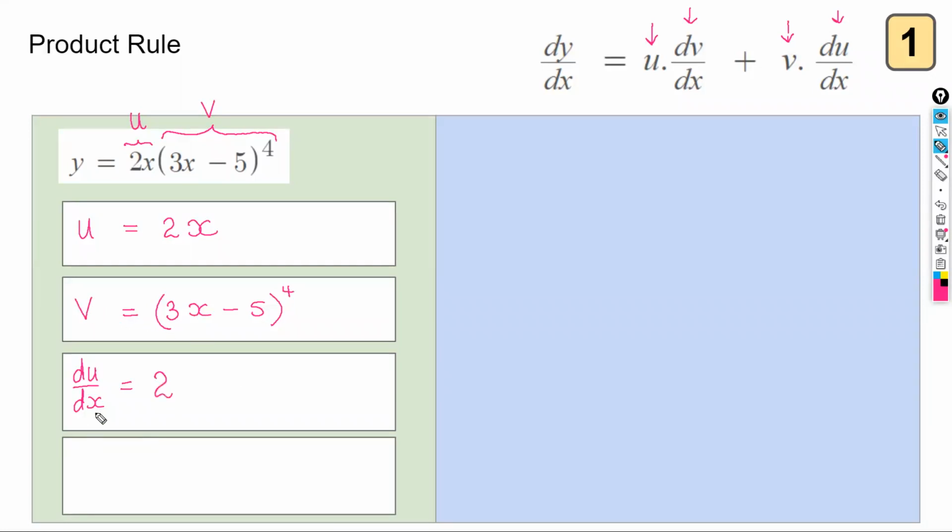When we differentiate v with respect to x, we're going to get dv/dx. Now here we can use the shortcut. We throw the power in front, so we'll get 4. What do we have to do with the power? We minus 1 from the power, so we will get 3. And we also differentiate whatever is in the brackets and throw it outside. If we differentiate 3x, we'll be left with 3. 5 is a constant.